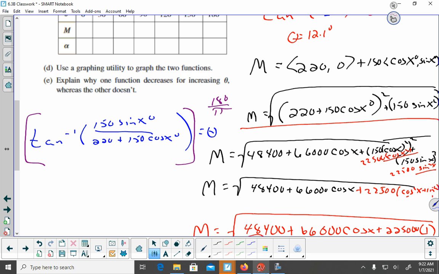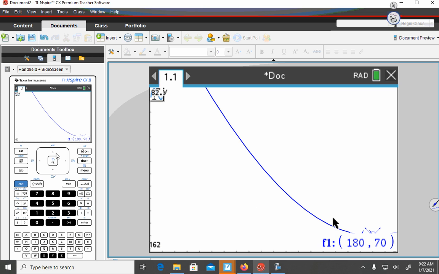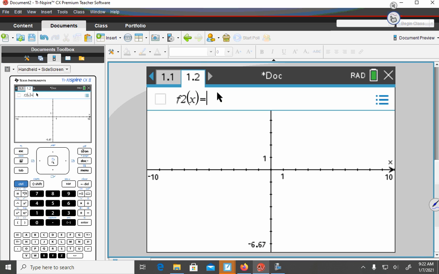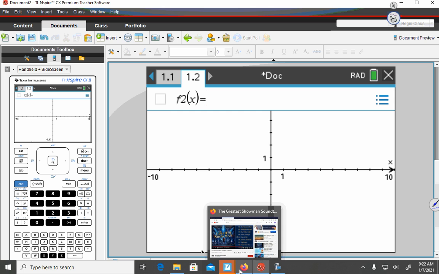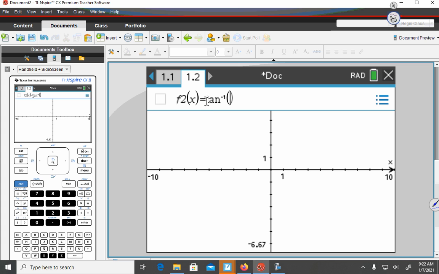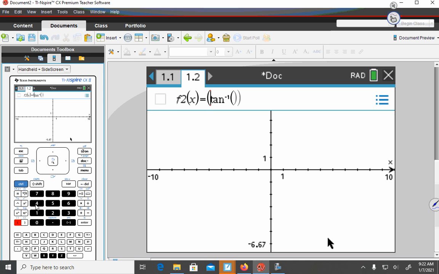I'm probably going to want to add another page. I'm going to add a graphing page and type in that equation that I just had. So that's going to be the inverse tangent. Whoopsie, I actually want a parenthesis around that first. Inverse tangent. I like to use the division bar.